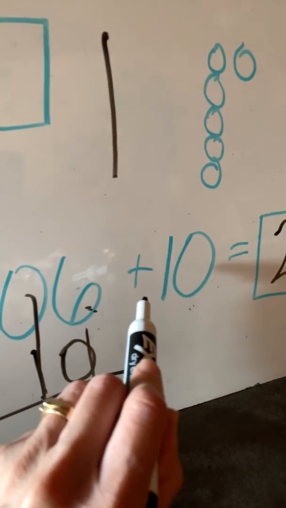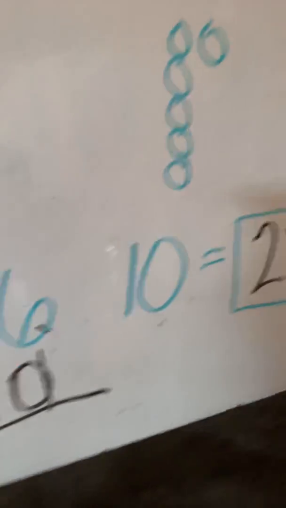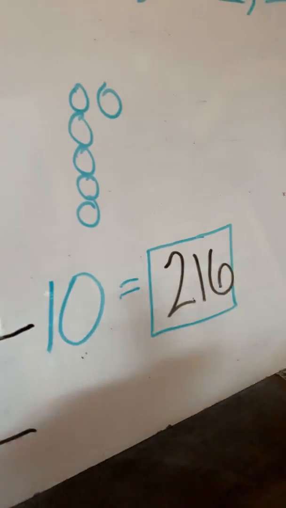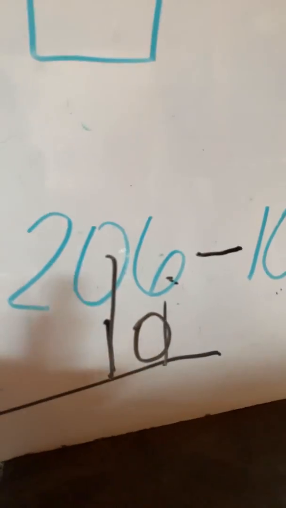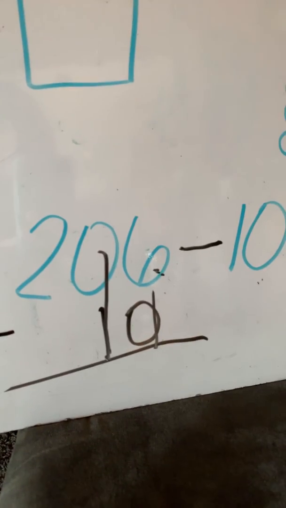Well, what would happen if I change this plus sign to a, what do you think I'm going to do? Yep, I'm going to change it to a minus instead now. So now it's going to be 200 minus 10.